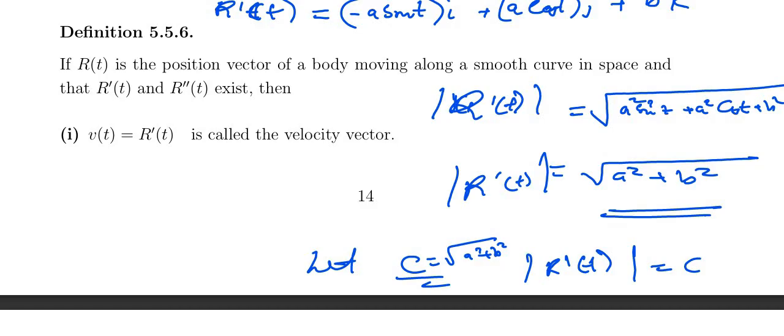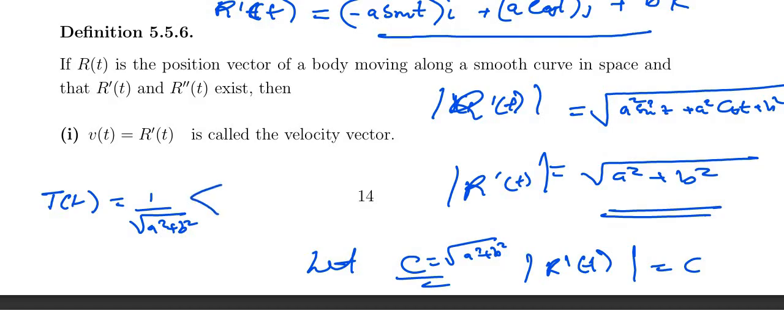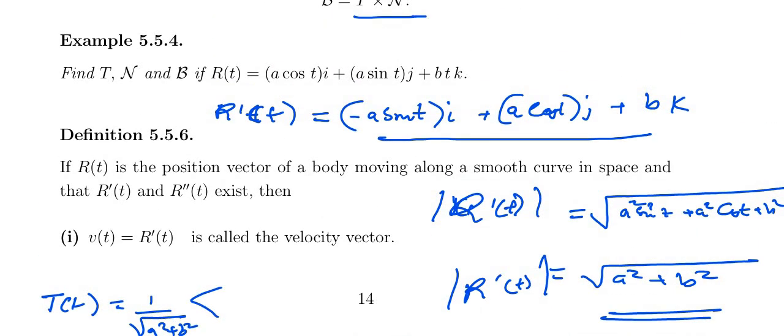Then you can use this to get the unit tangent vector. It will be 1 over root of a squared plus b squared multiplying the differentiated one, because T is equal to r prime of t over modulus of r prime of t.